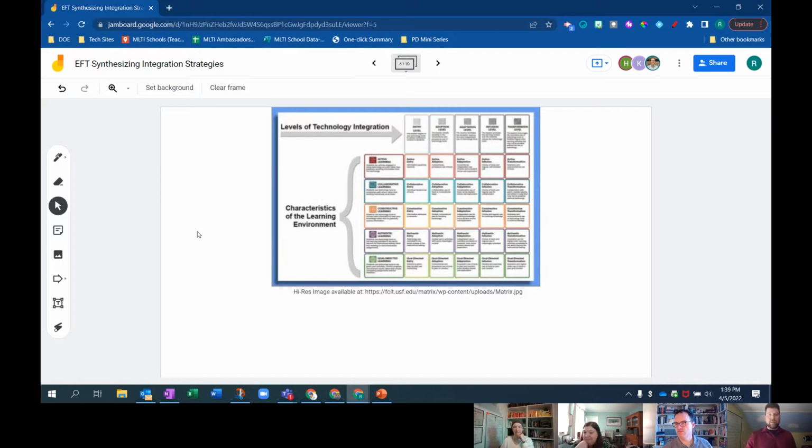This matrix lays out the various levels of integration, similar to the SAMR, and then it has more of a how is it being used part to it. I like that it does incorporate how it's being used in the classroom: active, collaborative, constructive, authentic, and goal-oriented. So it starts bringing in those pieces as well.